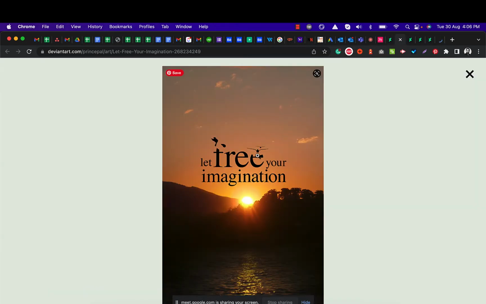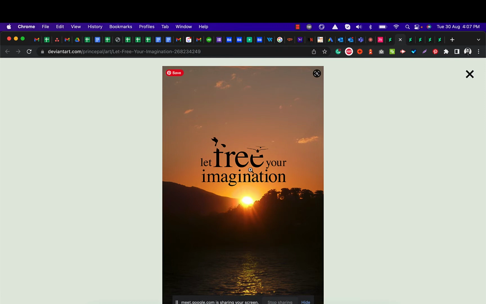This is a book cover I designed for some writer. This is my own photography. I just took a photograph and made the typographical art on top of it. This is a sunset in Himachal.